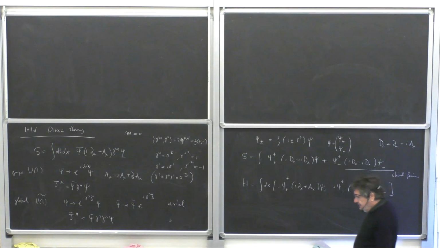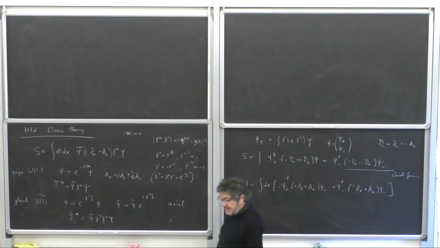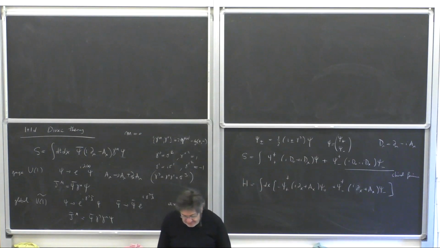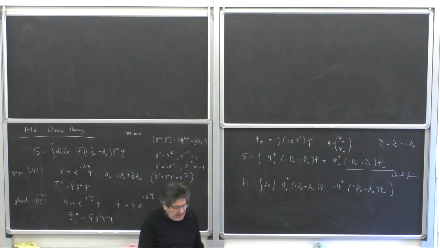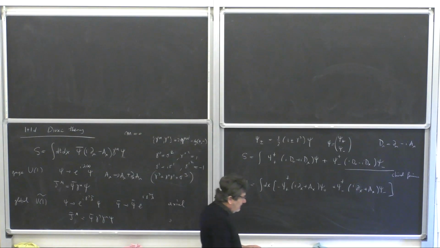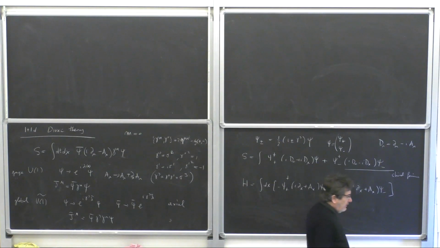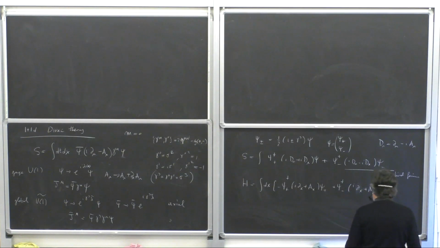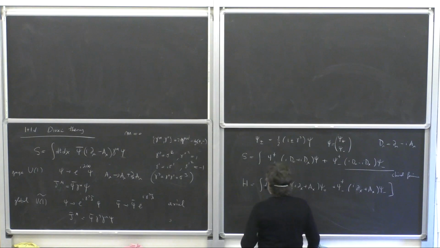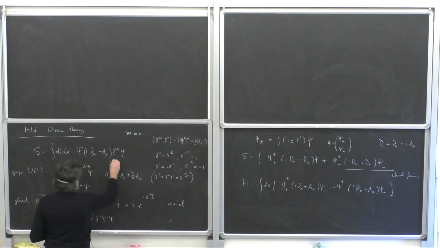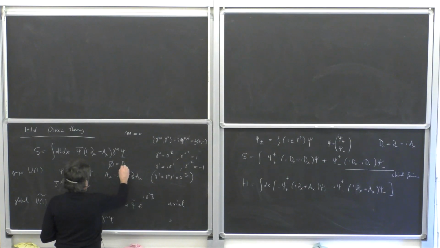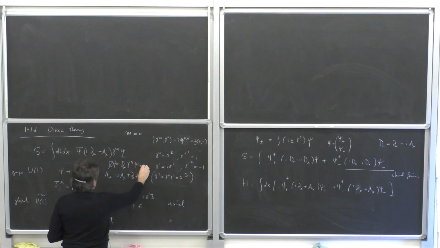So what is canonical quantization? Canonical quantization is to expand the field into the eigenstates of the Dirac equation, which is the equation of motion, d slash, or d mu gamma mu psi equal to 0.